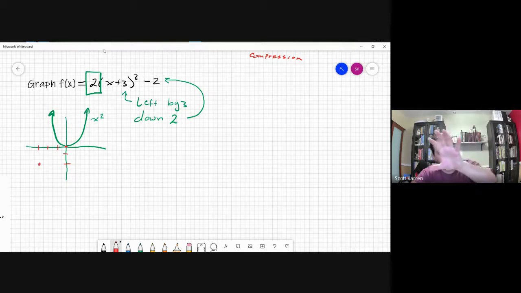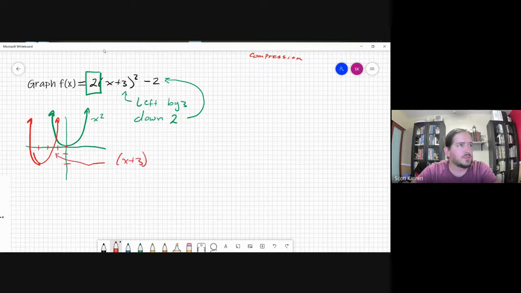And everything else gets shifted in that direction with it. So my graph right now looks like this. But this is not the complete graph. This is x plus 3 squared minus 2, right?